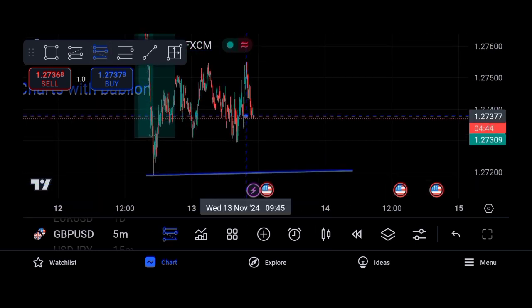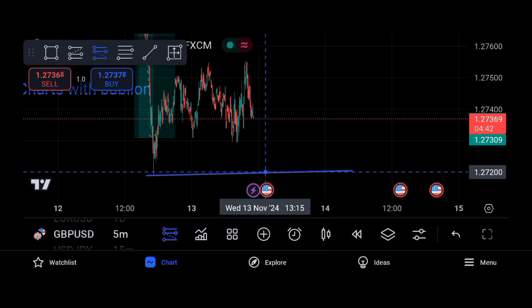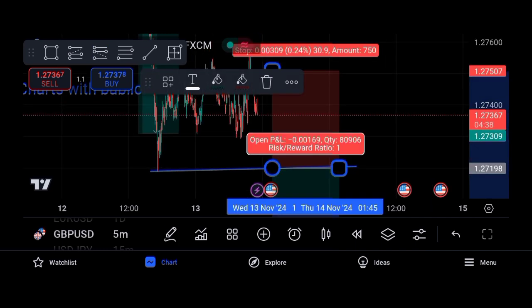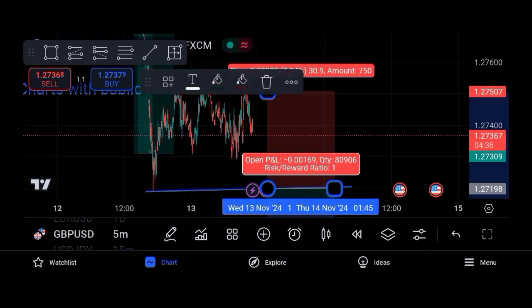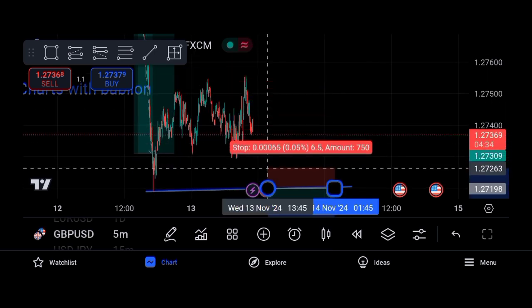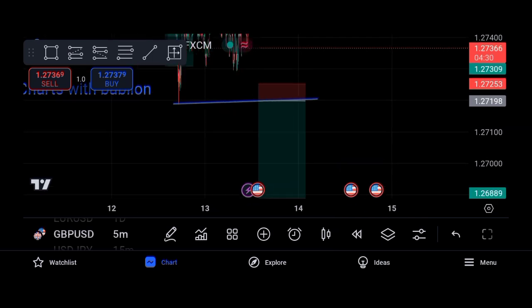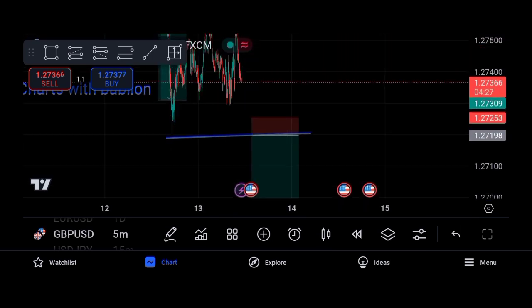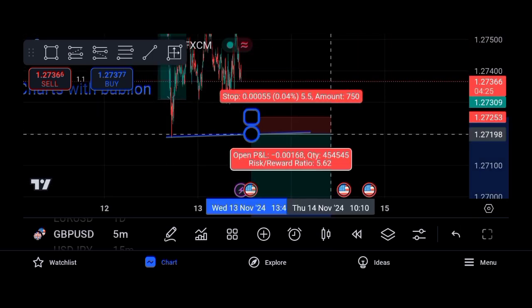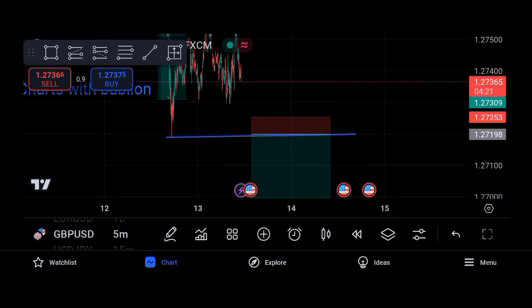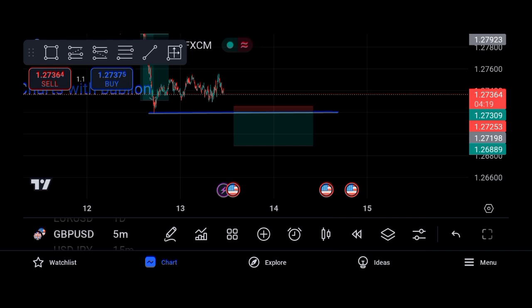When the market breaks this low, you're going to be expecting more downtrends, and you're going to be putting your SL at this point. Let's set our SL here and then our TP target. This is a 5R trade. Let's leave it at 5R like this, and yeah, that is for this video, guys.